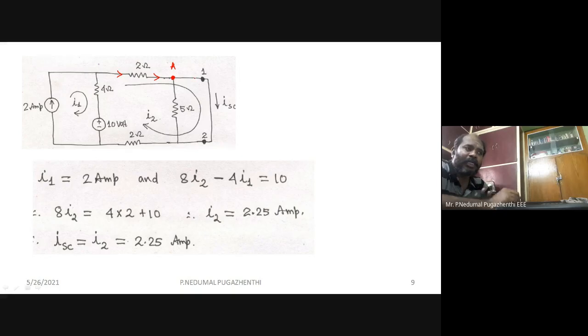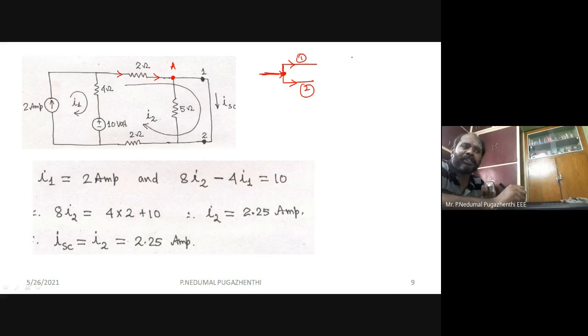Or I will say, if I have two paths, path number 1 and path number 2, and I have a current at some node, this current has to divide and pass through 1 and 2. Where will the maximum amount of current flow? The maximum current will flow in the minimum resistance path.